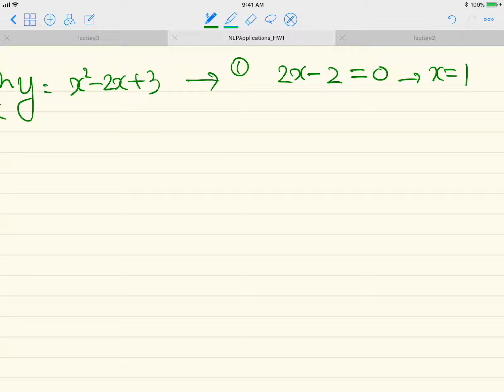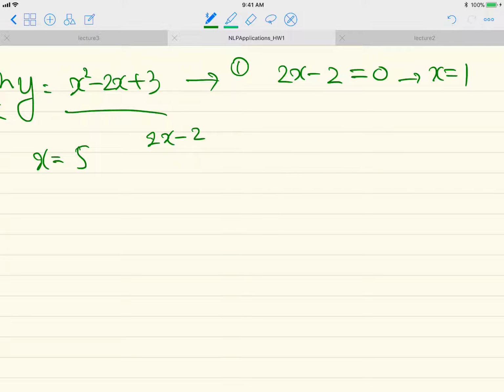Or we can use gradient descent anyway, although in this case we have a closed form solution that gives the solution directly in one step. But if we use gradient descent, how do we do that? Suppose we start from maybe 5, and then what will be the gradient?